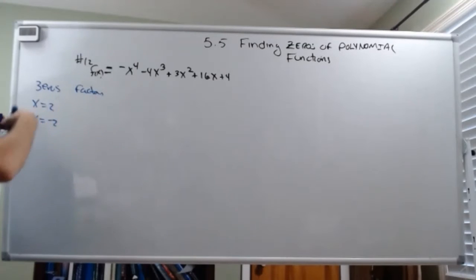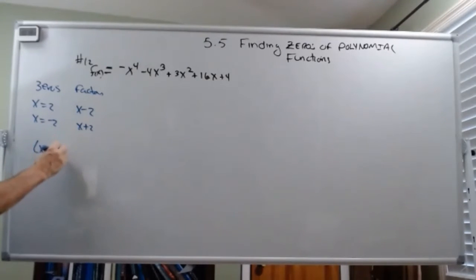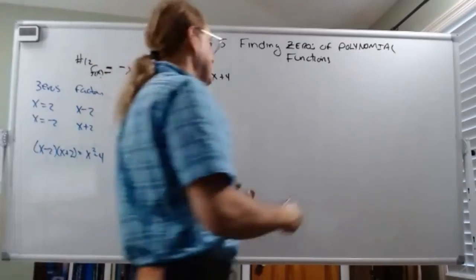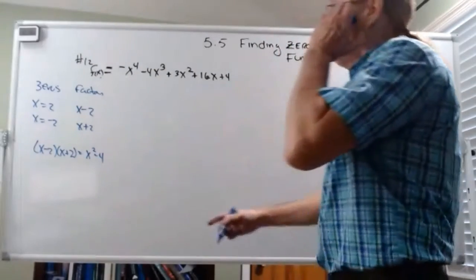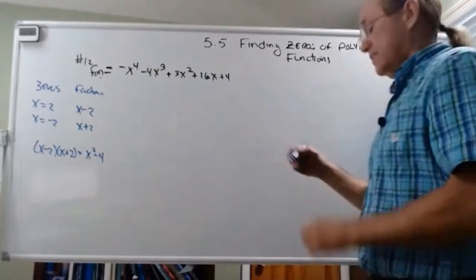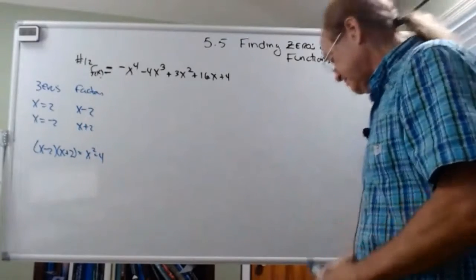Everything is a multiplicity one. It has 4 real zeros, as you can see. Those are the factors, and that means the product of those is also a factor. That's also a factor. So as a hint, I want to find those other 2 radical factors. This is what I'd be doing over here.